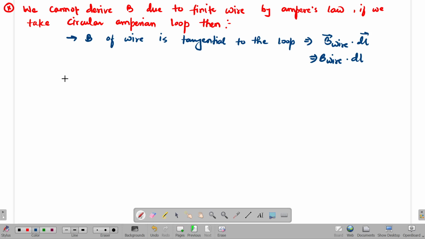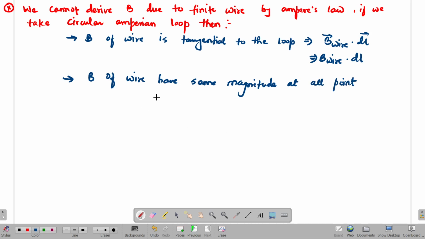Now, the second point is that B of wire must have the same magnitude at all points. Only then are you able to write that integral B of wire dot dl is exactly equal to B of wire into 2 pi r.